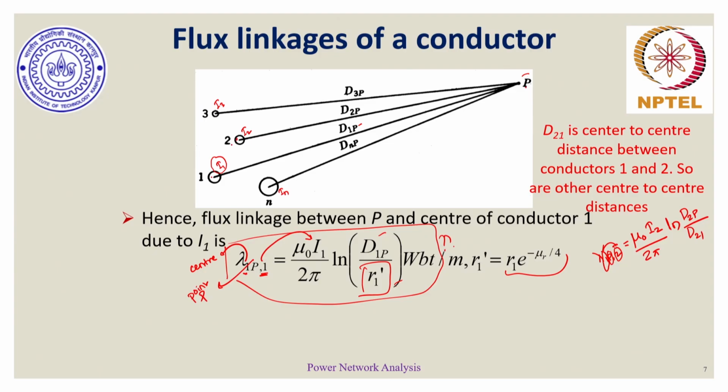Now D21 is the center to center distance between these conductors, which is mentioned over here.